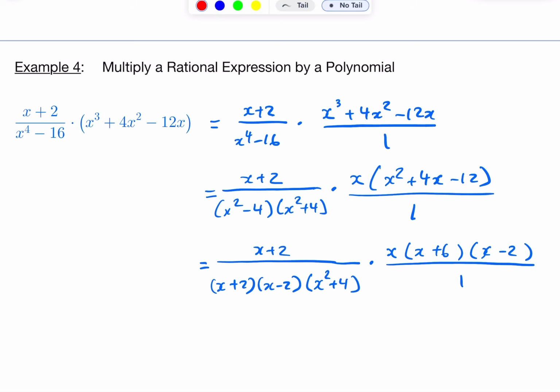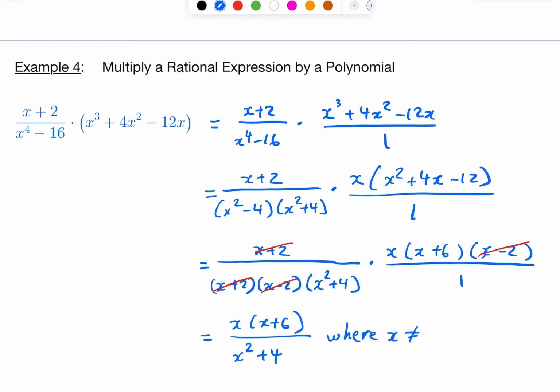We have an x plus 2 and an x plus 2, so we can cancel that out. We have an x minus 2 and an x minus 2, so we can cancel that out. Okay, and so we're left with x times x plus 6 over x squared plus 4. Okay, and then specifying the domain where x cannot equal -2 or 2.